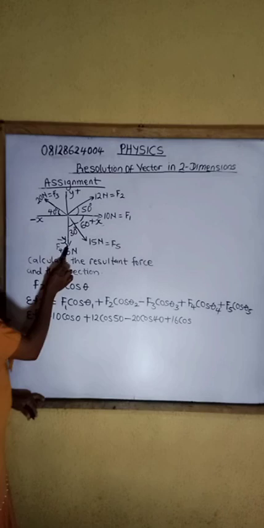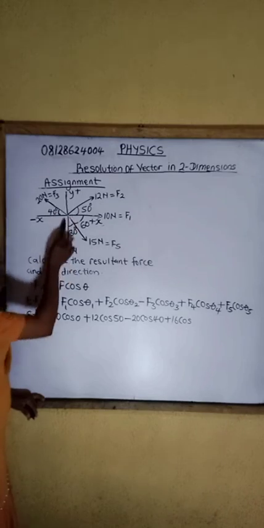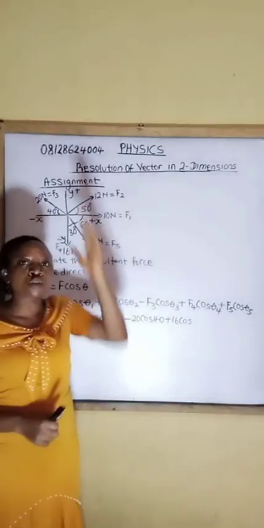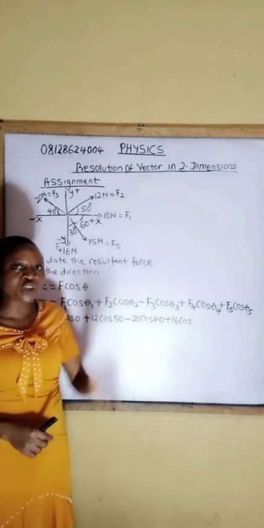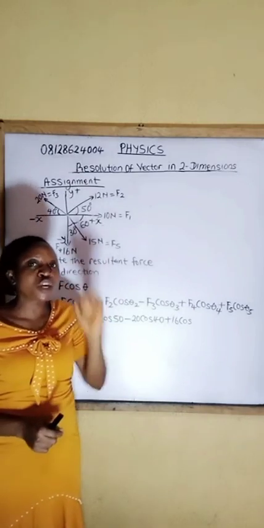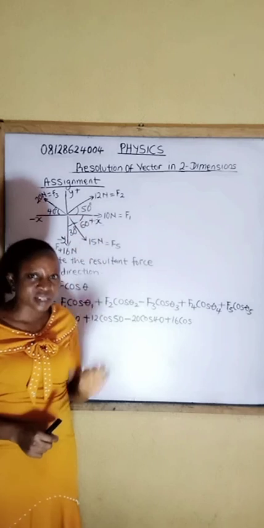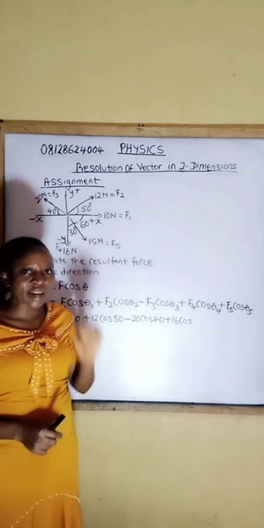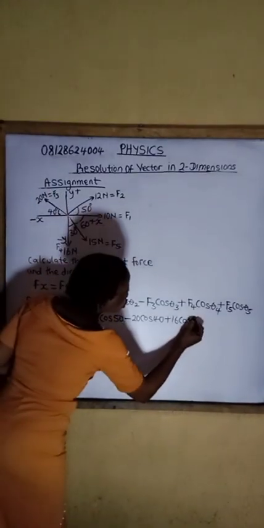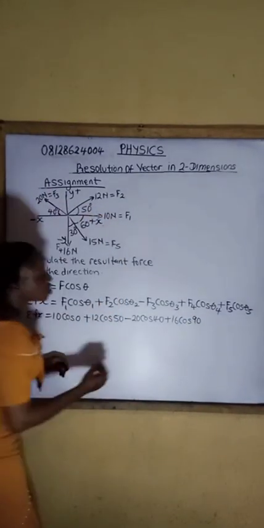Angle 4. You can see that this F4, that is this force, is on the vertical line. So the angle of a vertical line is always equal to 90 degrees. This is a vertical line, so the angle will be equal to 90 degrees.